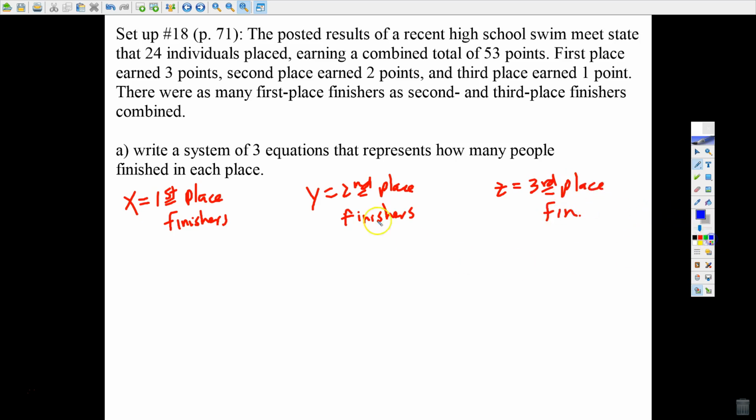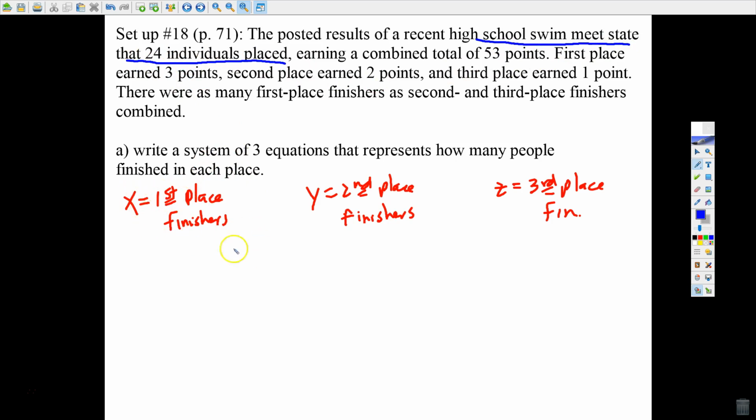Okay, and I think I'll color code how we're getting the equations from certain phrases or sentences. So it says in this first phrase, the posted results said that 24 individuals placed. Okay, so I'm going to use a blue equation to represent this part of the paragraph.